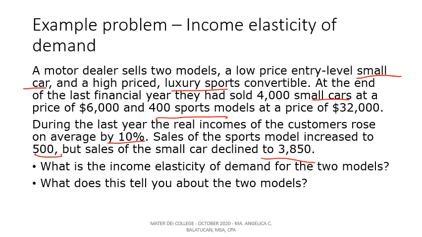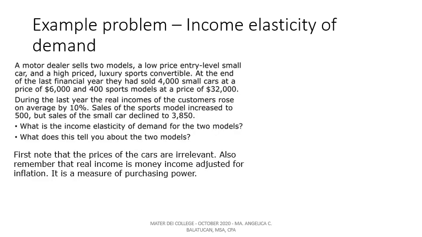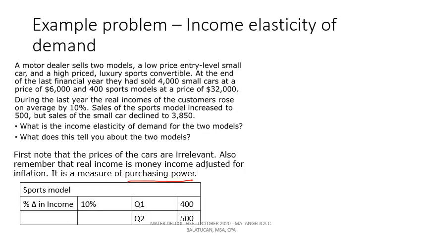For this problem, we will be applying our formula. First, note that the prices of the cars are irrelevant. Also remember that real income is money income adjusted for inflation, so it measures the purchasing power.